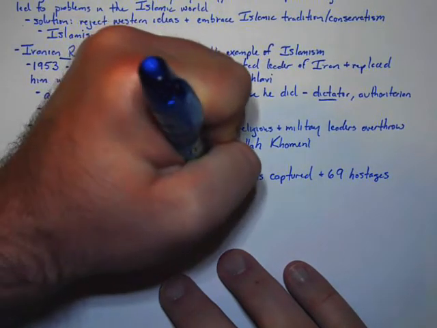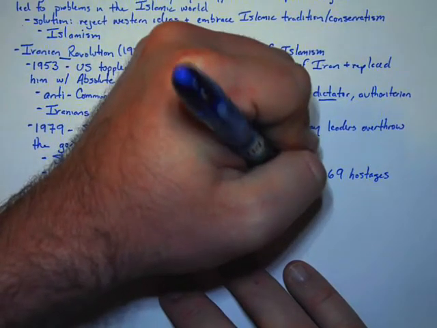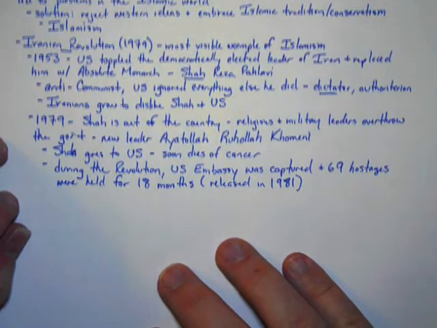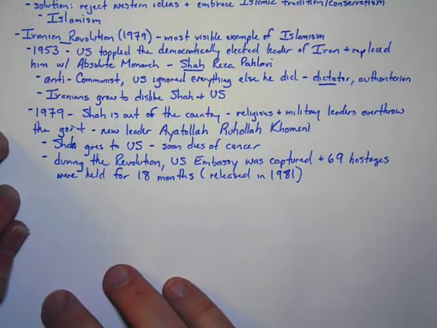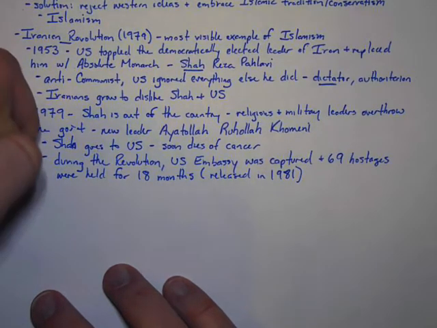And they were released in 1981. Now, I don't believe any of them were physically harmed, but they were psychologically tortured while they were held by the Iranians. Now, there were a number of effects of this.